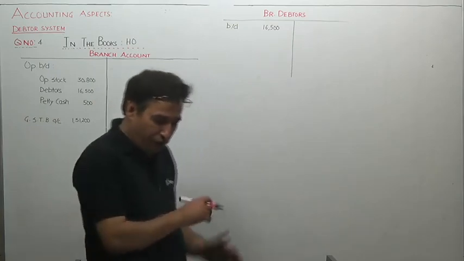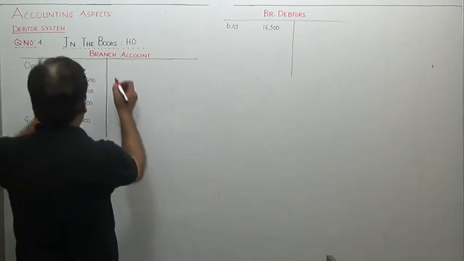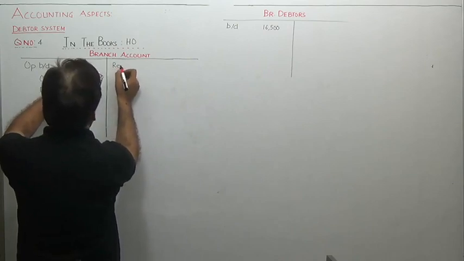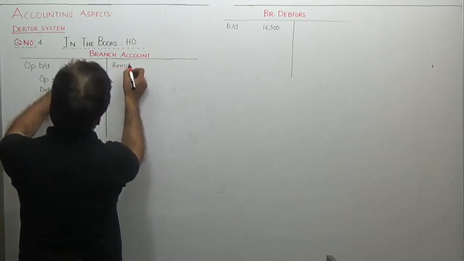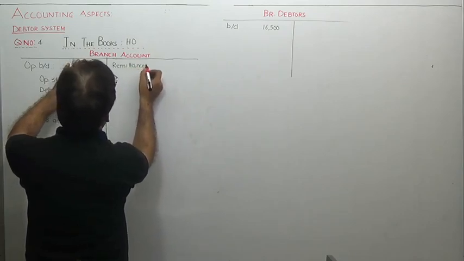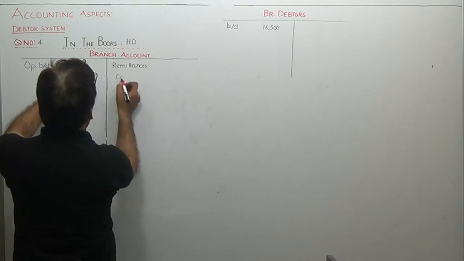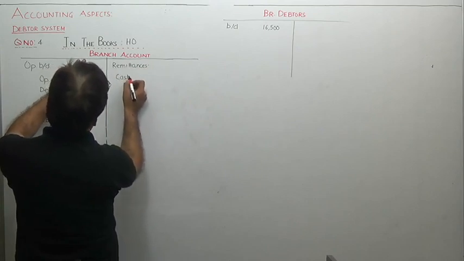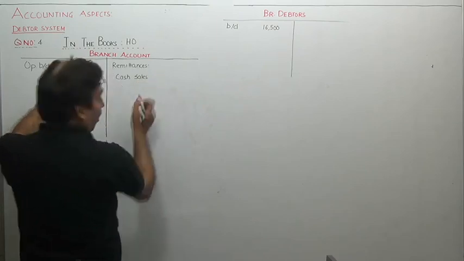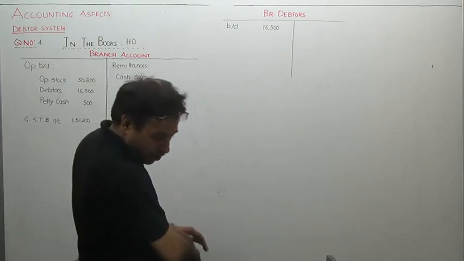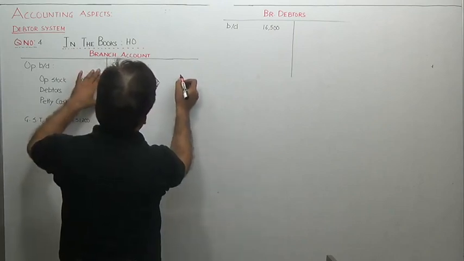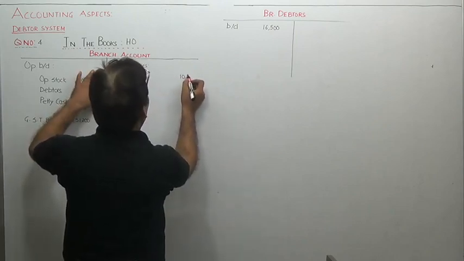Then remittances from branch are also available in this question. So you are going to write here by remittances. Remittances has two facets. One is cash sales. The amount of cash sales given to you in this question is 10,500. So you can directly write in the outer column, no problem.